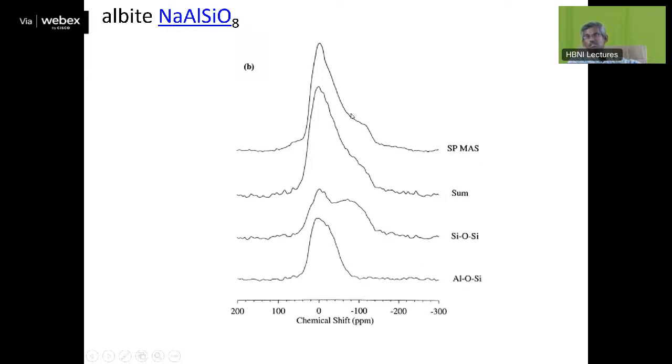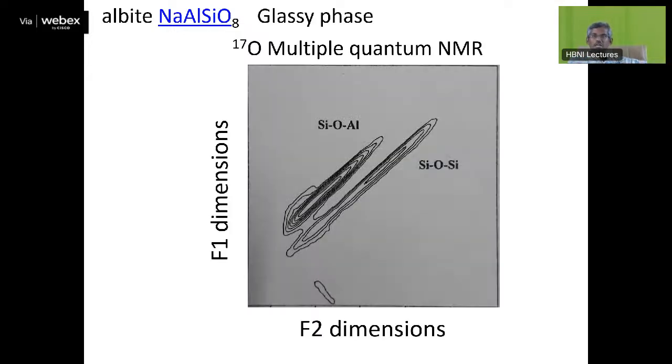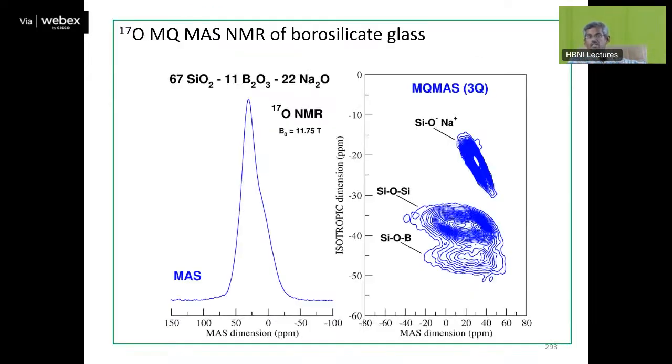If you do a single pulse MAS, you will get only a small shoulder, and from that it is very difficult to find out which is which or what the structural units are. In such cases, if you use triple quantum or oxygen-17 multiple quantum NMR, you will be able to see, in two dimensions, very well resolved peaks for Si-O-Si and Si-O-Al linkages.